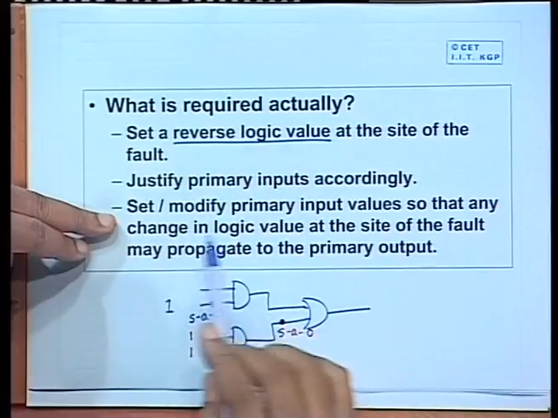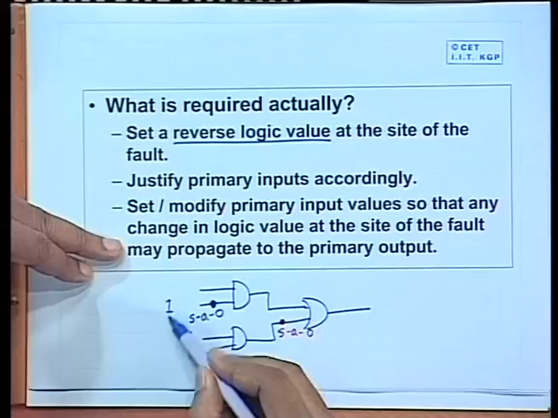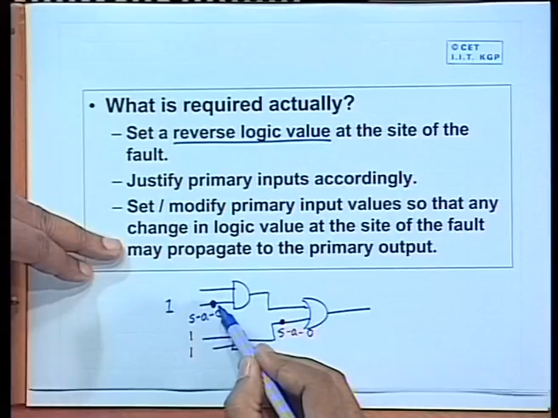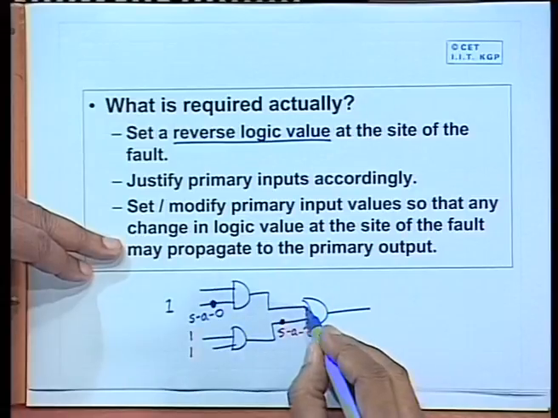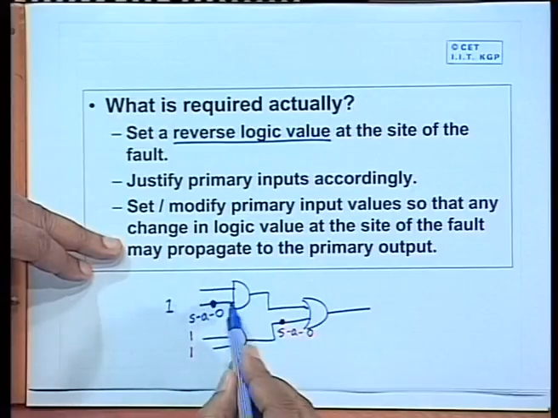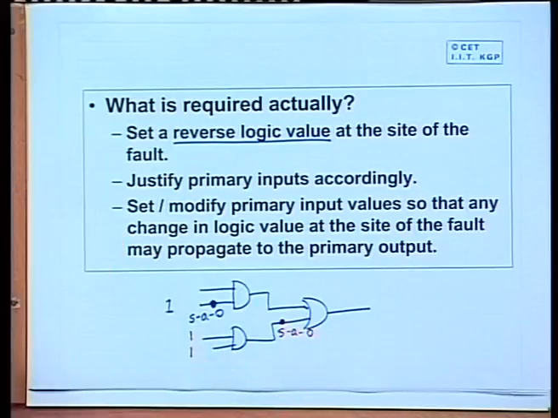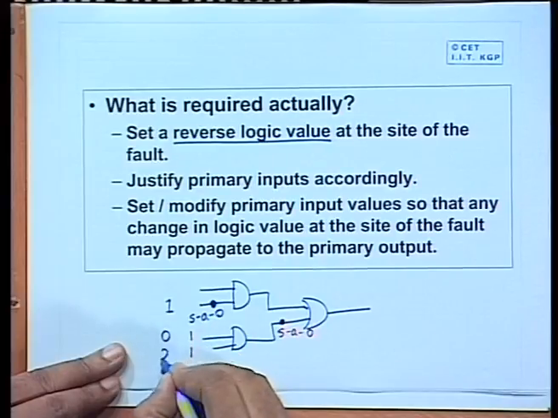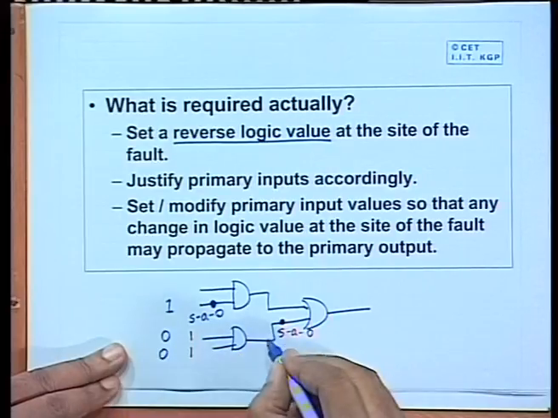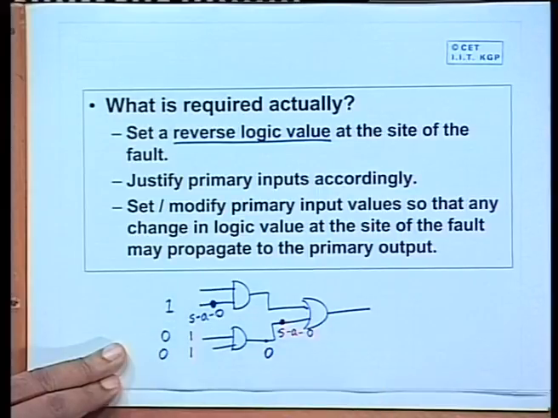Not only that, we will also have to set some values to the primary inputs, so that any change on that line will get propagated to the output. For example, if we again consider this stuck-at-0 fault, I am applying a logic 1 here, fine, but suppose to the other AND gate I had applied 0 0, then this output will be 0.